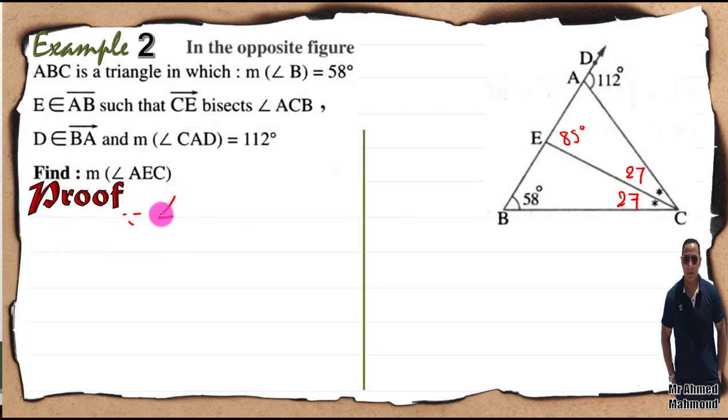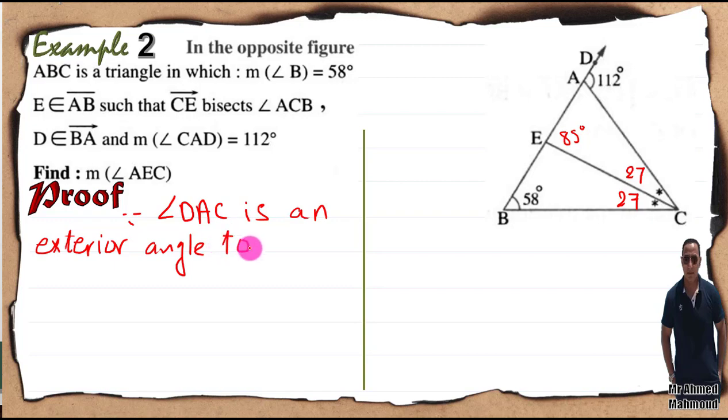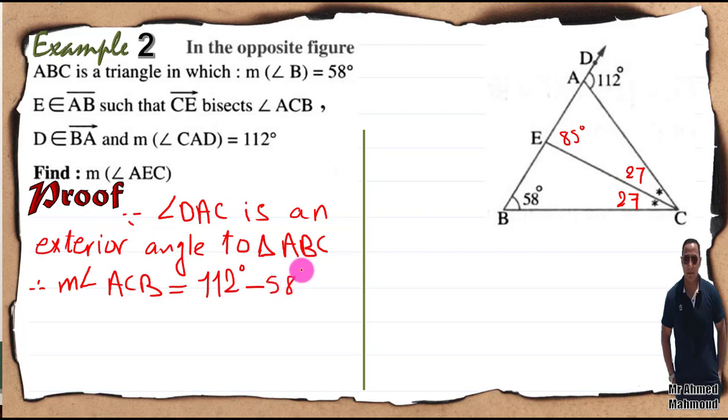Okay, so since angle DAC is an exterior angle to triangle ABC, therefore measure of angle ACB equals 112 minus 58 equals 54 degrees.